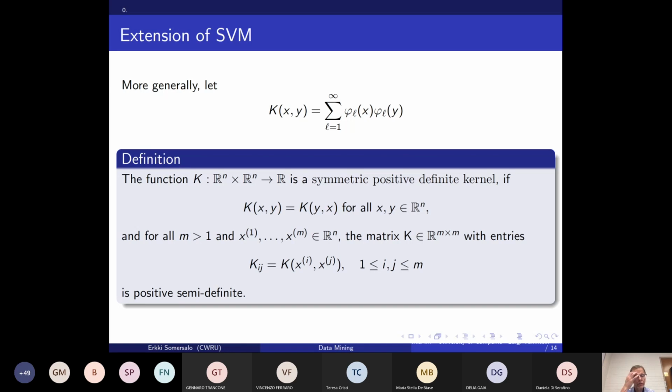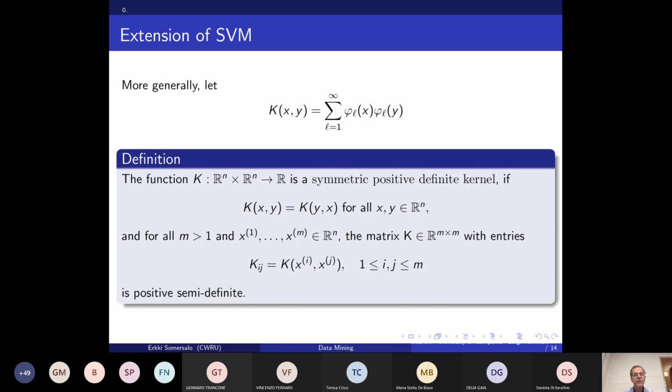However, the use of the words here is a little bit different because this kernel function idea comes from approximation theory, and so people have used different concepts there. So we say that the kernel function is a symmetric positive definite kernel if it's symmetric, and if the matrix that you form by choosing a finite number of points and evaluating your kernel function at those points is positive semi-definite.